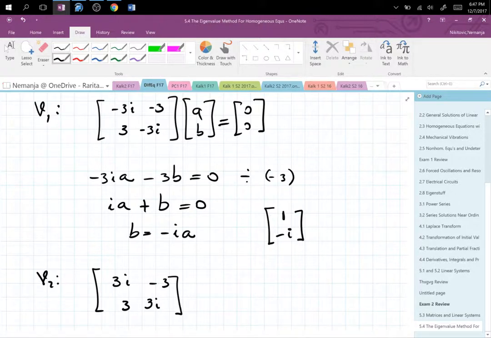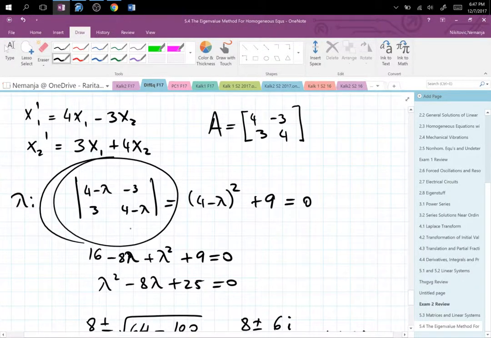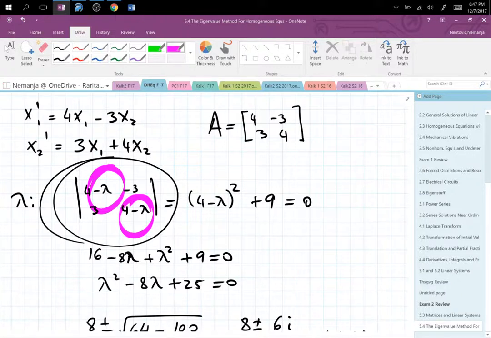Lambda 1 goes in for lambda in the first case, and lambda 2 for the second vector. You plug in, look, you have this equation. Your lambdas go into the two locations where lambdas are. So you put lambda 1 in both locations, solve for eigenvector v1, and then you cycle through the whole procedure again for lambda 2, put lambda 2 in both locations, and calculate the second one.